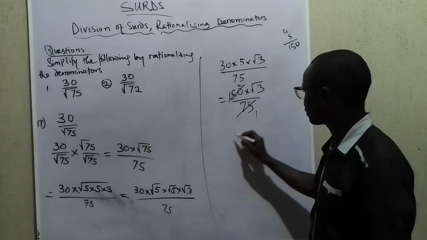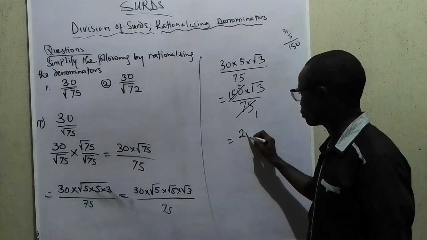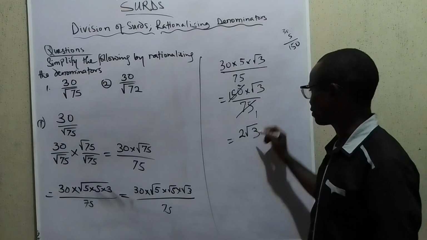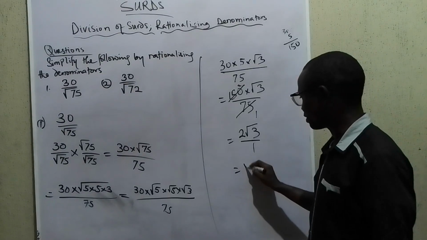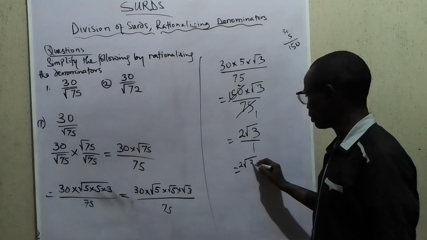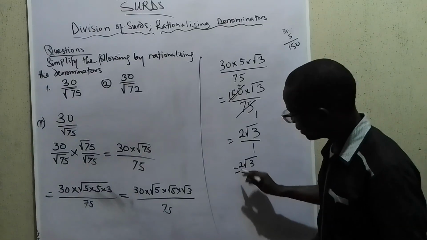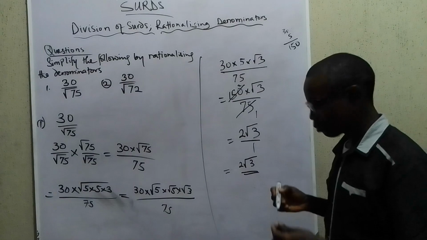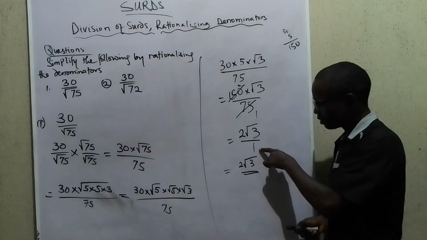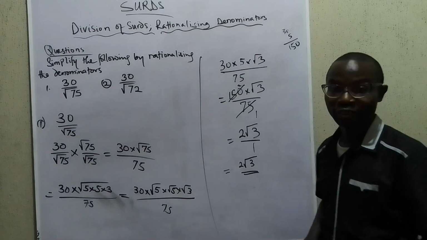So what do we have left? We have 2 root 3, with nothing divided by 1. Any number divided by 1 is still the same number. So this is the final answer, where we simplify, since anything divided by 1 is the same value.